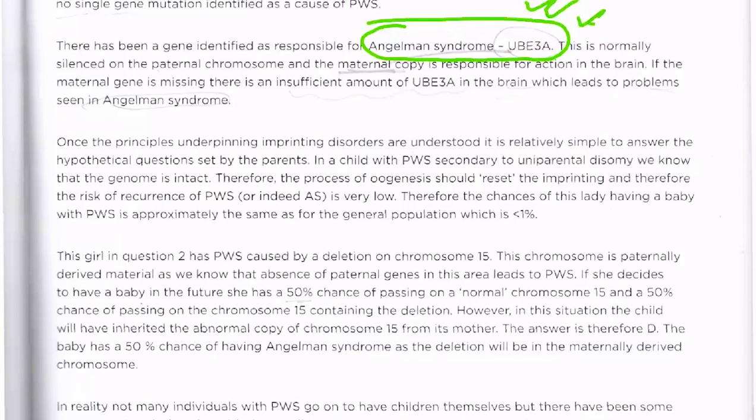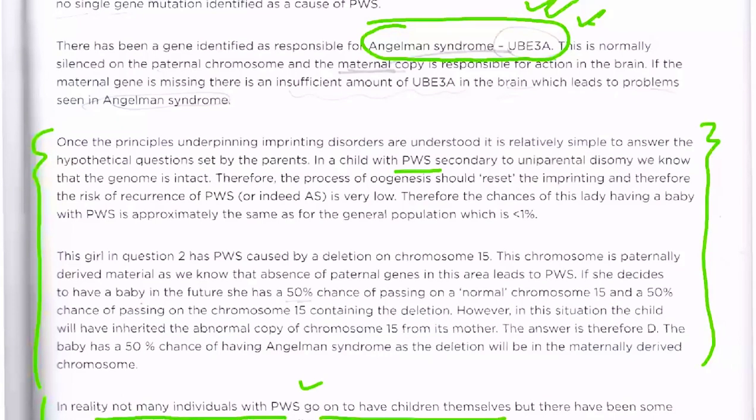Now let's see here, they have told you the description of why there are chances of having Angelman syndrome in the child of the mother, and why we do not have Prader-Willi syndrome from the mother of a Prader-Willi syndrome baby. In reality, not many individuals with Prader-Willi syndrome go on to have children themselves, but there have been some rare exceptions in females with this condition.